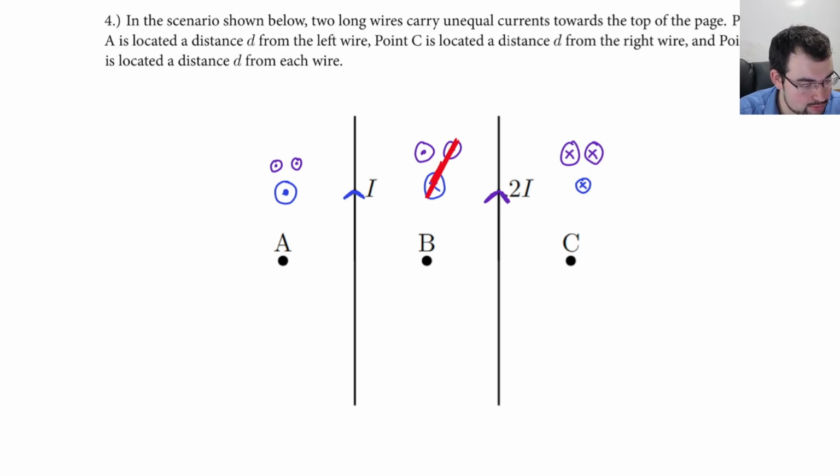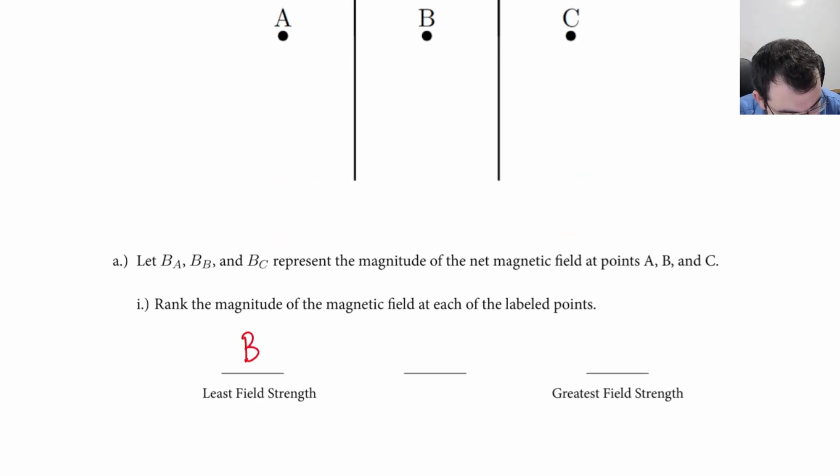So actually, we know that B is going to be less than each of those because of the subtraction that's happening at B, whereas there's addition happening at A and C. And we also know that C is actually going to be greater than A because C is closer to the larger current source. So instead of adding 1 big circle and 2 little ones, we're adding 2 big circles and 2 big X's and 1 little one. So we get lowest strength is at B, then intermediate is A, and then highest is C.